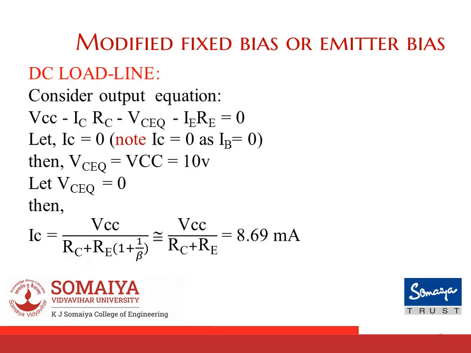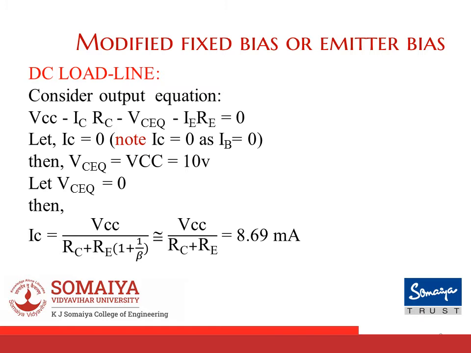Also look into the DC load line analysis. Same as before, we'll be considering the output equation for plotting the DC load line for emitter bias. We'll be considering the same two conditions, IC equal to 0 and VCE equal to 0 alternately, to find two coordinates. So for the first coordinate, when IC is equal to 0, VCE comes out to be VCC, which is 10 volts.